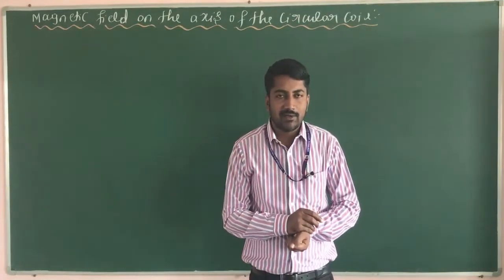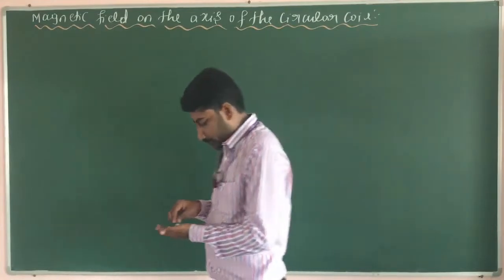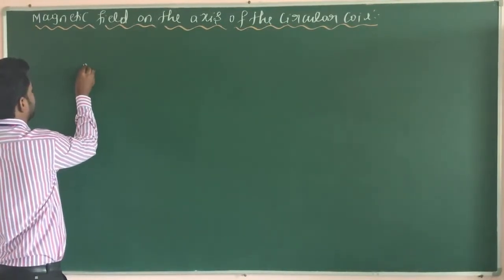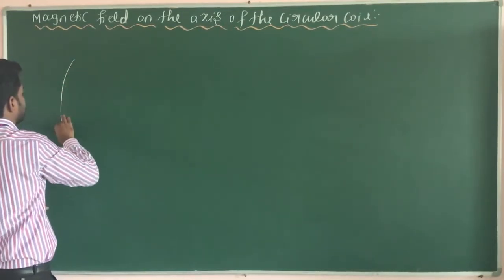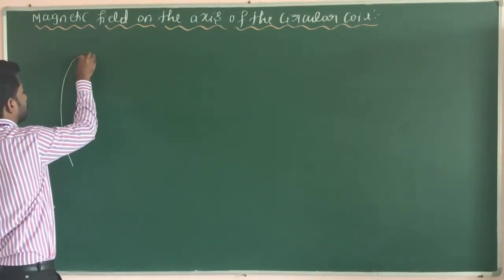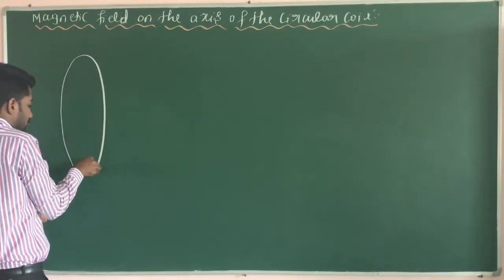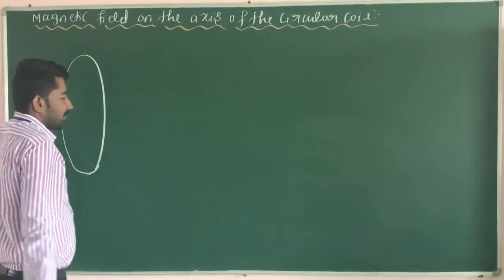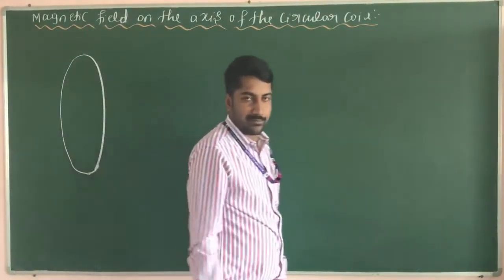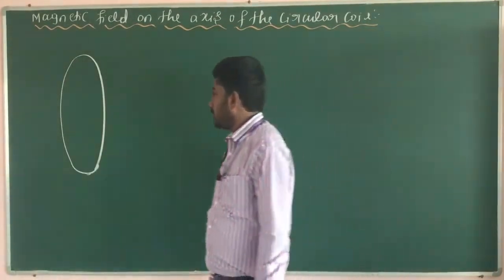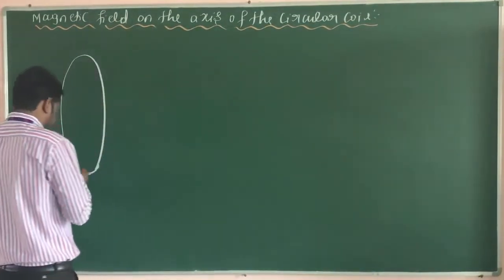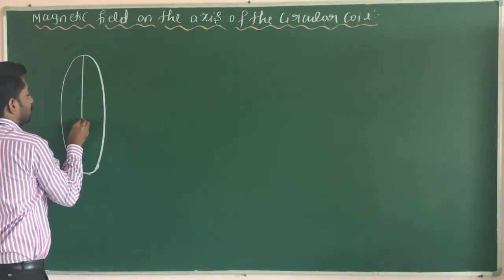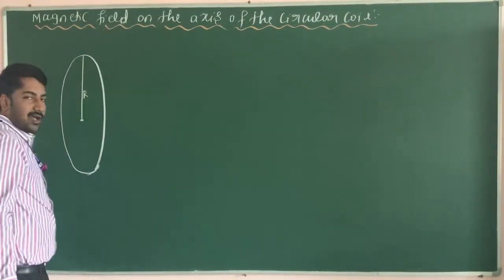Suppose you consider one circular coil. This is the circular coil, with the radius r.